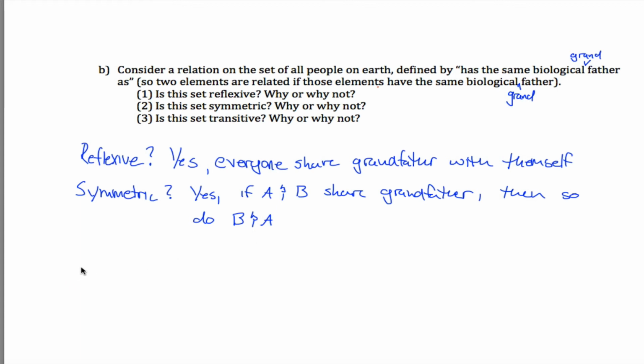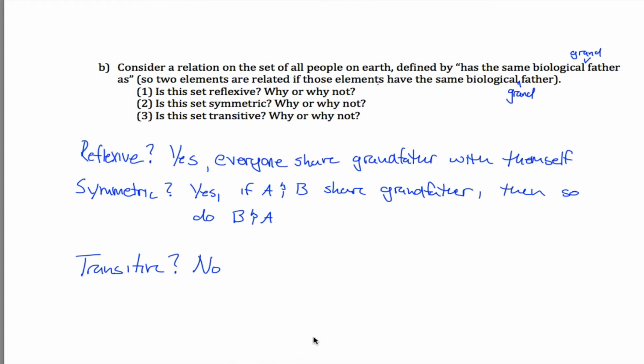What about transitive? Transitive is always the tricky one. Transitive. No, I don't think so. Okay, maybe I can do this with a diagram. Here is person A, and here are their parents. Sure.